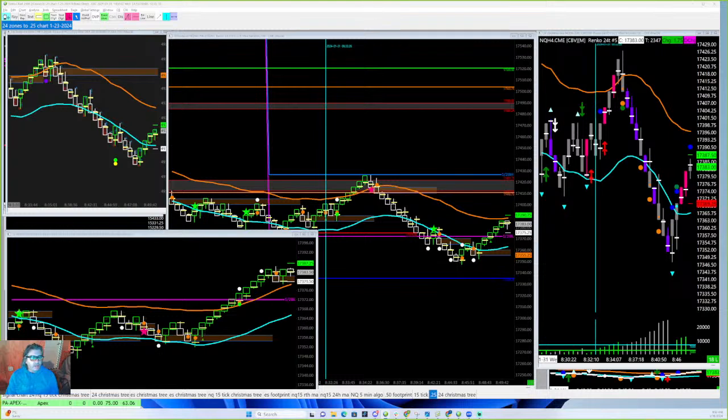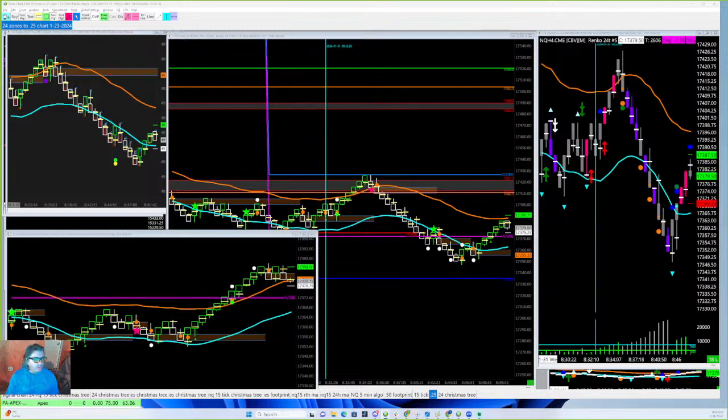Pink bar, now I can look for the pullback for the potential long. I'm still inside IB low, so it's not lining up for me, which is fine.